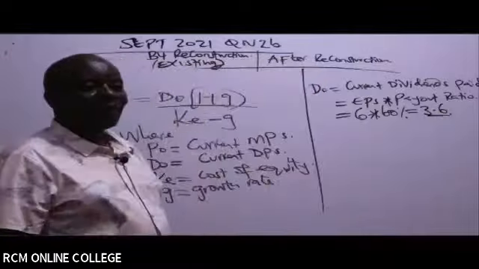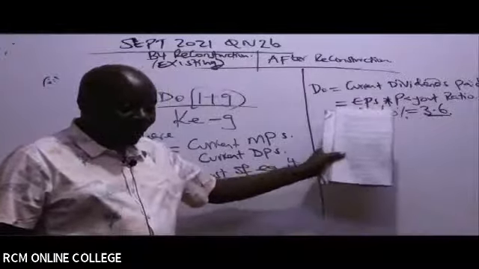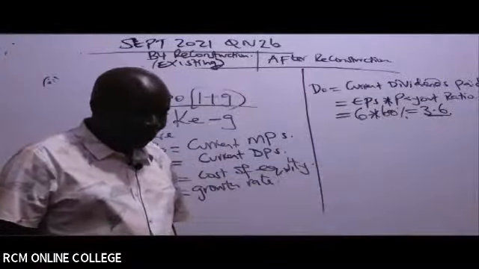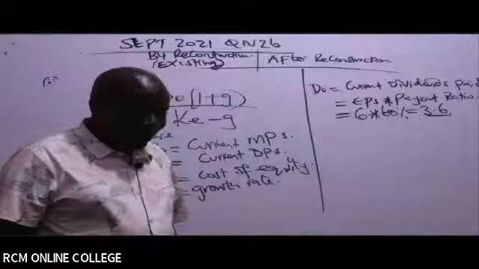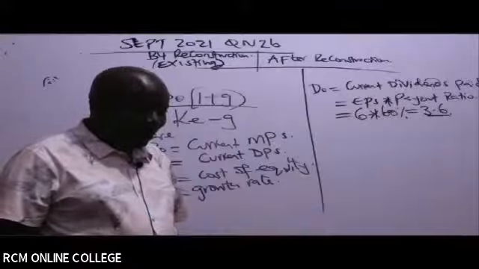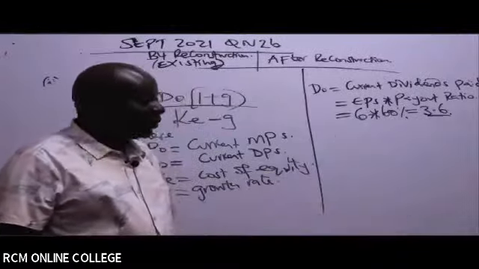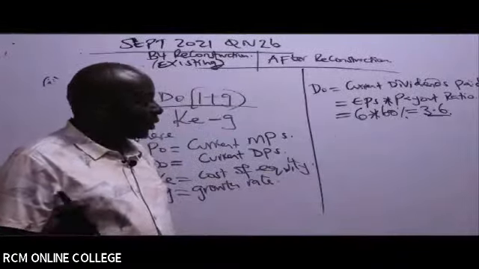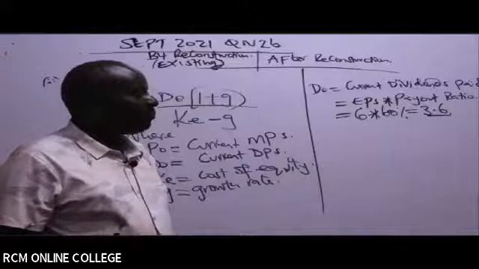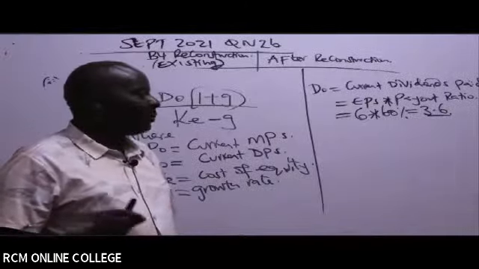So, are we in agreement? Eric, I don't know where you got 7.2 from. It should be 3.6, isn't it? That's really good: EPS times the payout ratio.